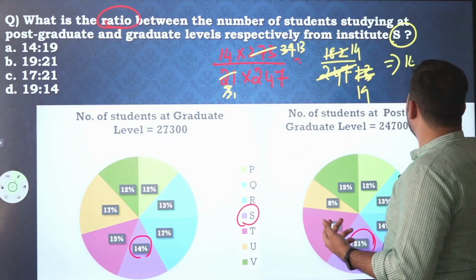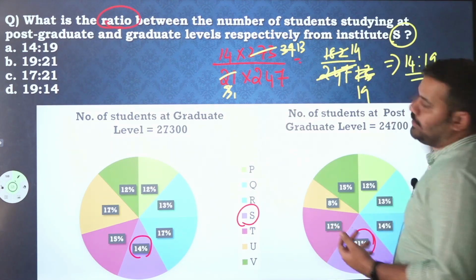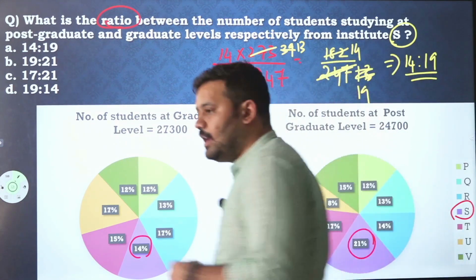So the final ratio is 14 is to 19. 14 is to 19 is the right answer.